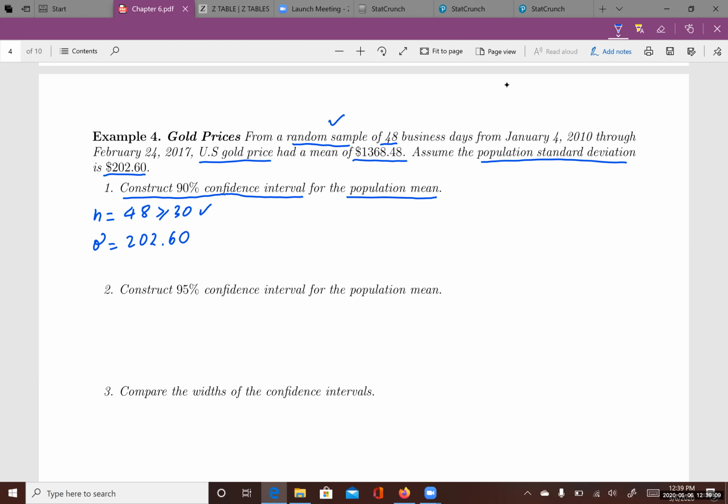So all the conditions are satisfied, which means we can go ahead and find the margin of error. For a 90% confidence interval, we remember that zc is 1.645, sigma is 202.60, and the square root of n is the square root of 48.